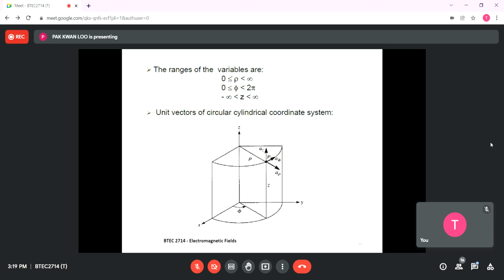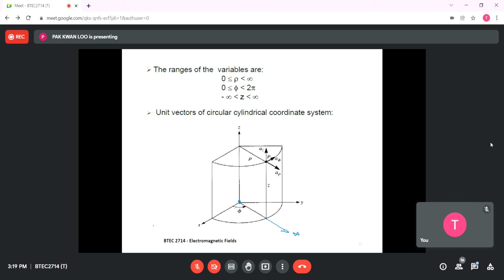Rho represents the radius, so it can range from 0. That means you start from here. Let's say this is the reference point. So it starts from here to any real value, to infinity.